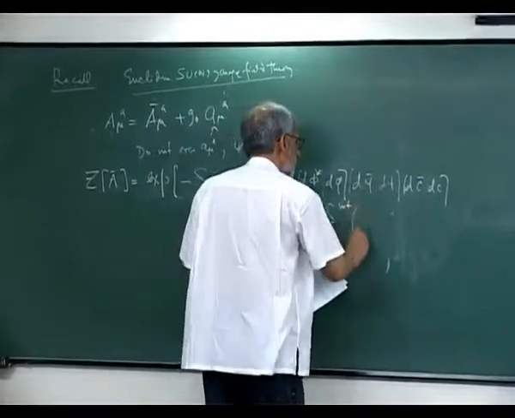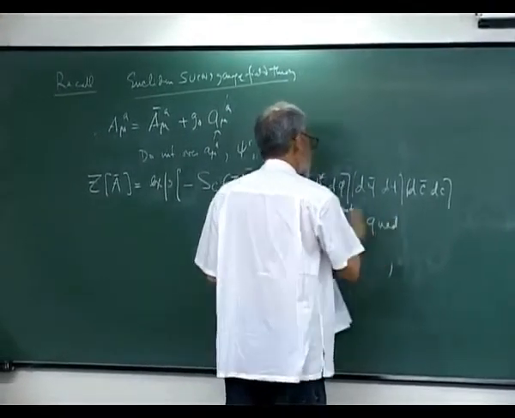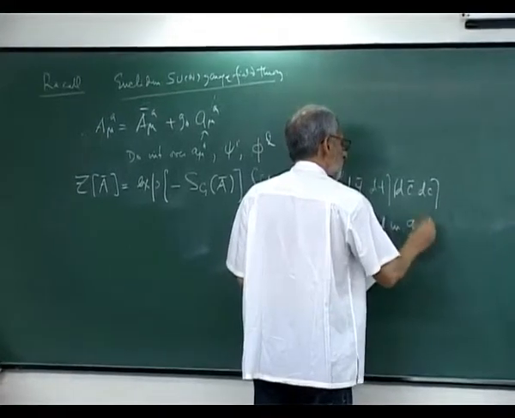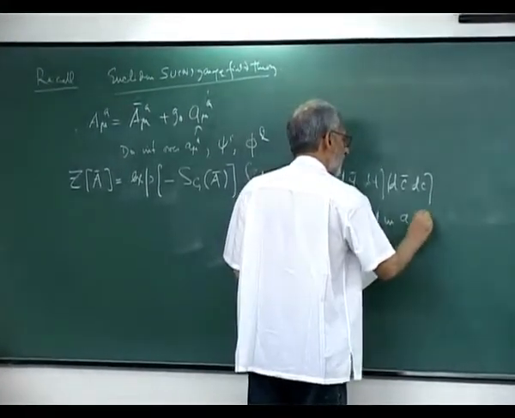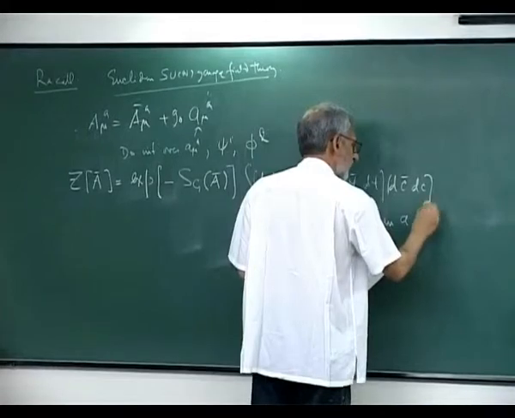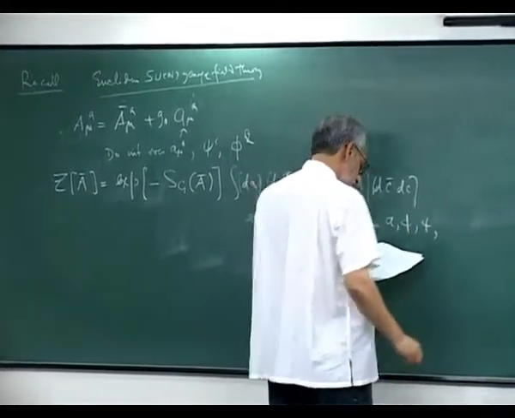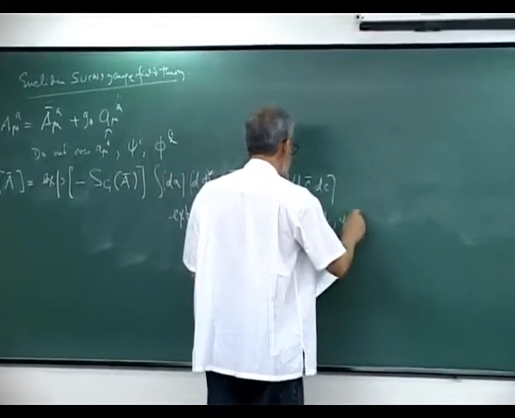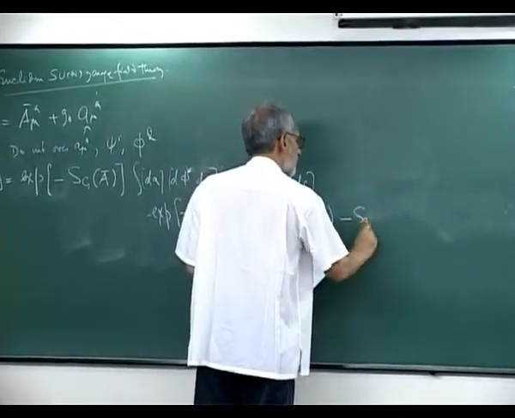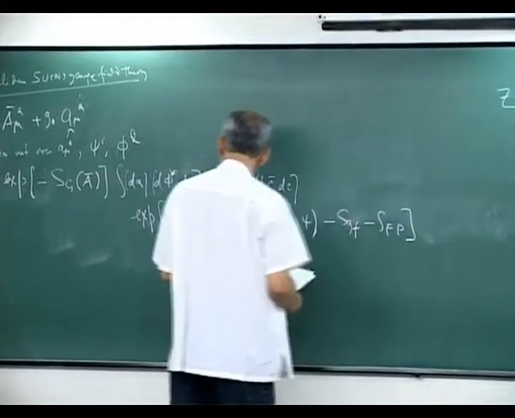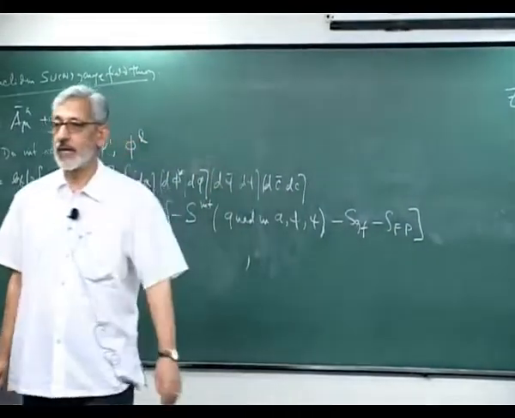So we had S interaction, which is quadratic in fluctuation fields, which means A, phi and phi star, psi and psi star, minus gauge fixing minus Faddeev-Popov. This is what we want to integrate.